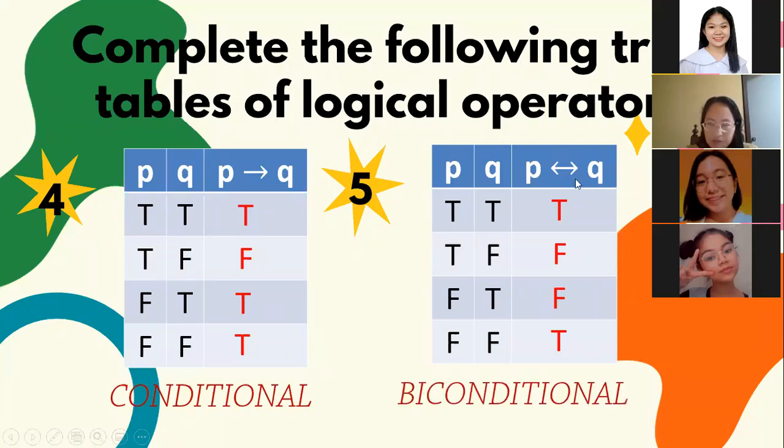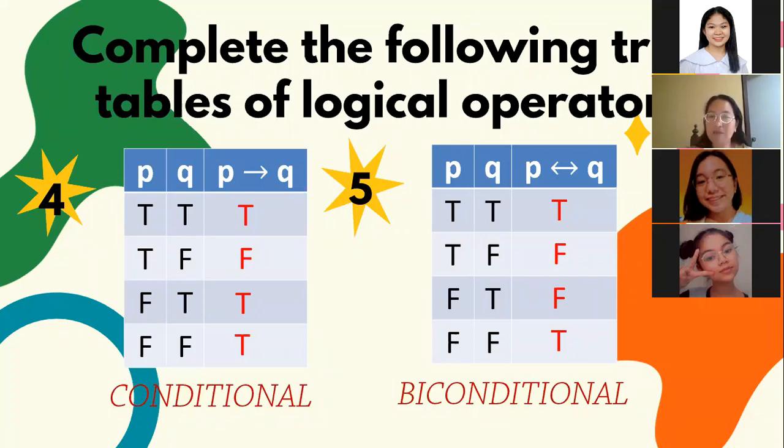Biconditional. And how do you read this symbol? P if and only if Q. Ulit, Margaret. P if and only Q. Kulang. Dalawa yung letter F, IFF. What's the meaning of IFF?